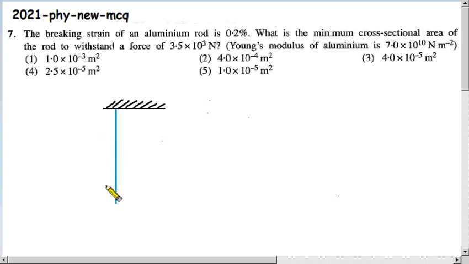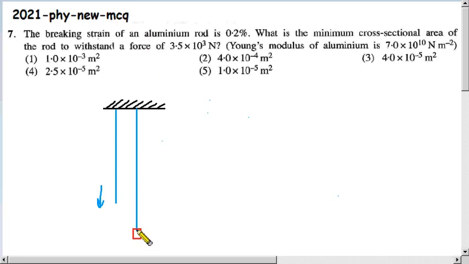What's going to happen if we apply a downward force on a solid? What do you think is going to happen? Let's say we hang a mass on it like this, that means a weight. There are weights in the laboratory.